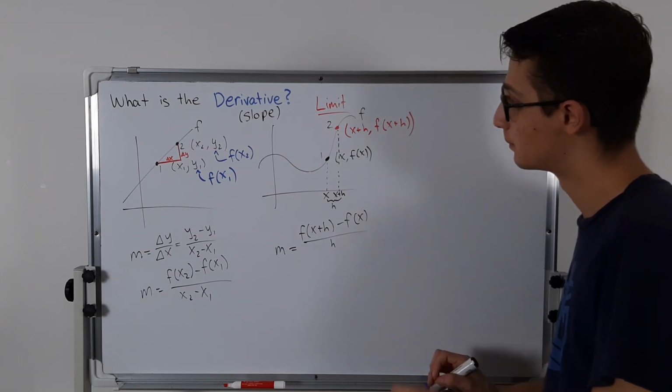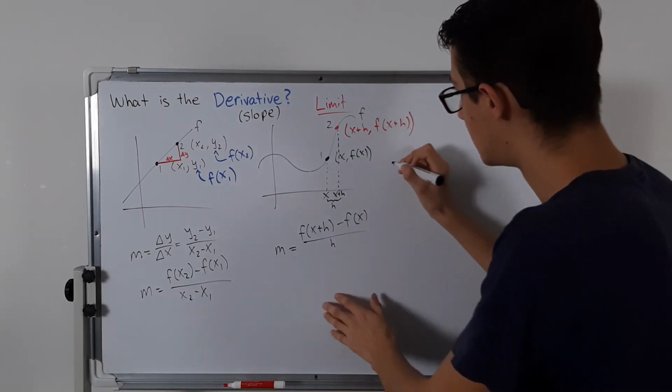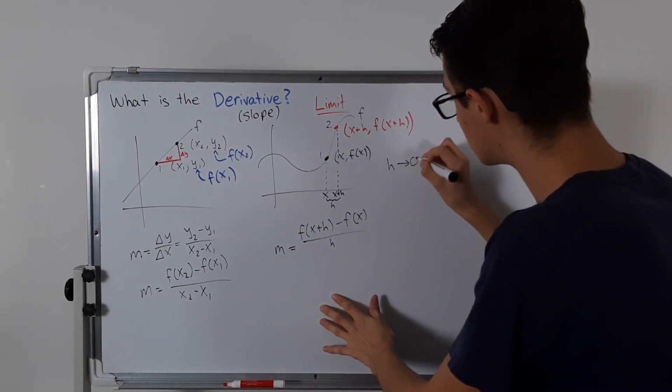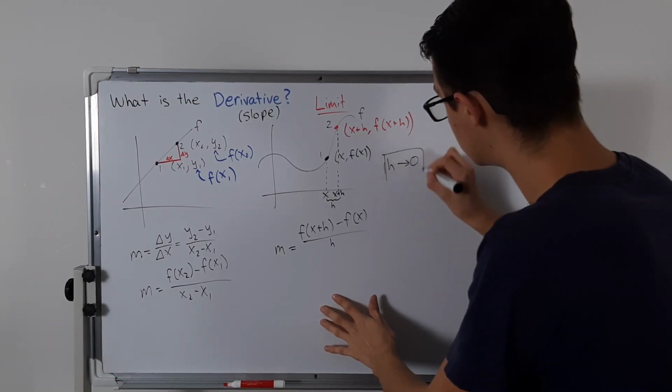So what we do is we take h and make it close to 0, right?